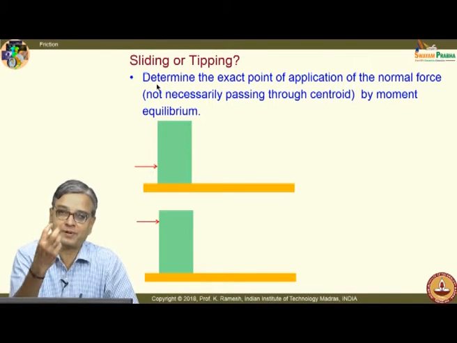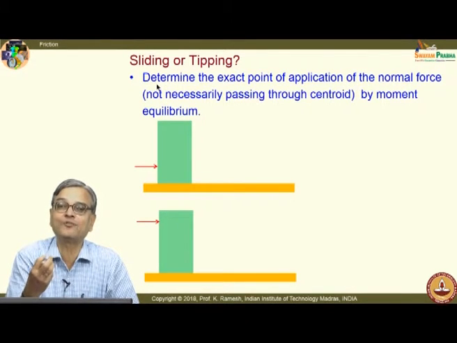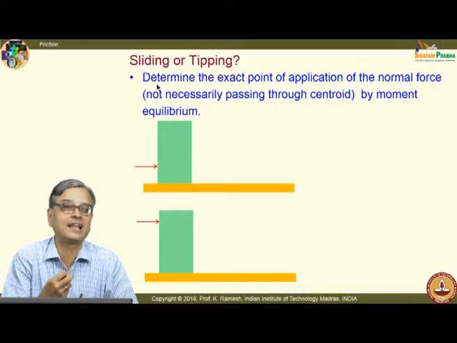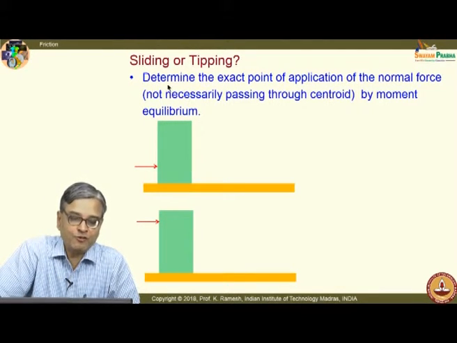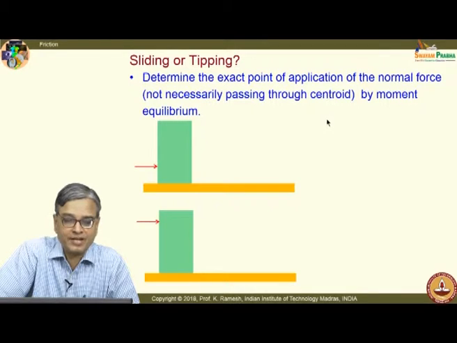If I have to do that mathematically, what is the way I will go and analyze it? So, we have to find out the point of application of the normal force by moment equilibrium. Okay. And obviously, when I apply the load like this, what will happen?